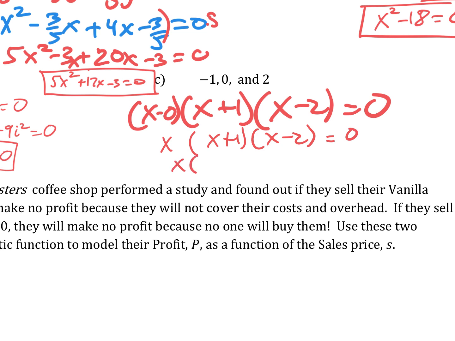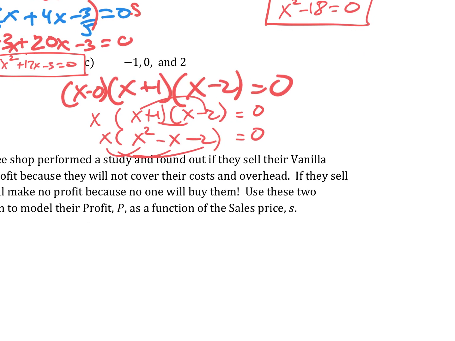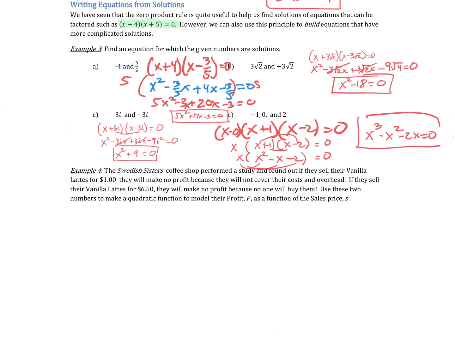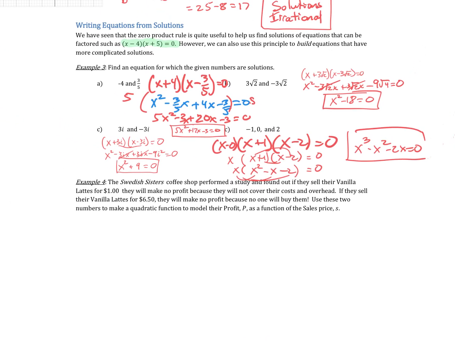And this is going to come out to be x squared minus 2x plus 1x. That's minus 1x. I'm going to skip a step there. Minus 2. And then we can just distribute the x. All right. So this would give us an equation of x cubed minus x squared minus 2x equals 0. So there we've built an equation that has intercepts of -1, 0, and 2.